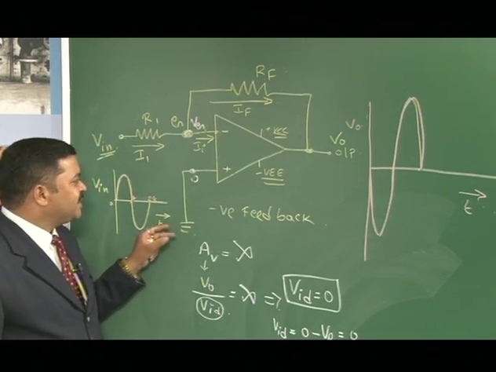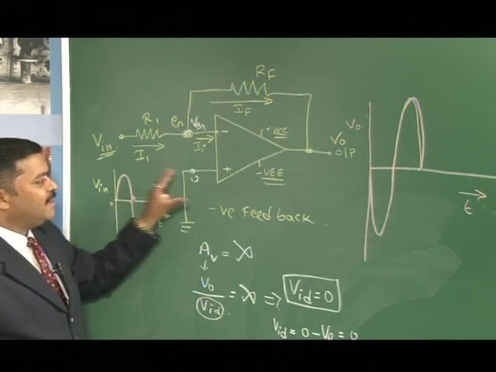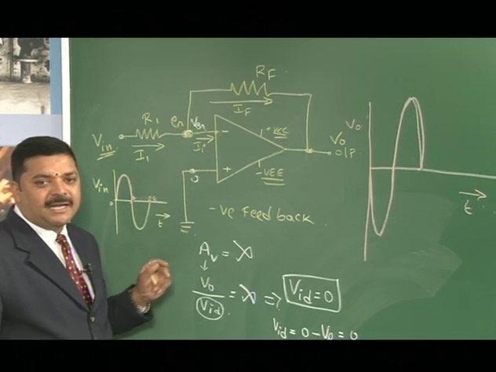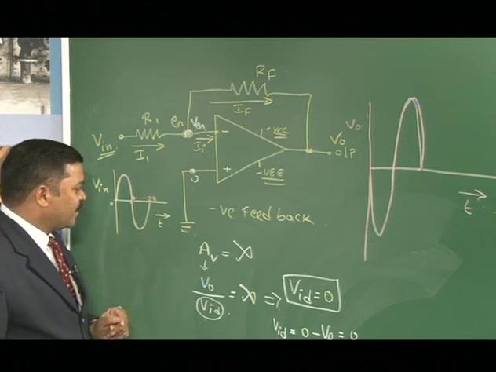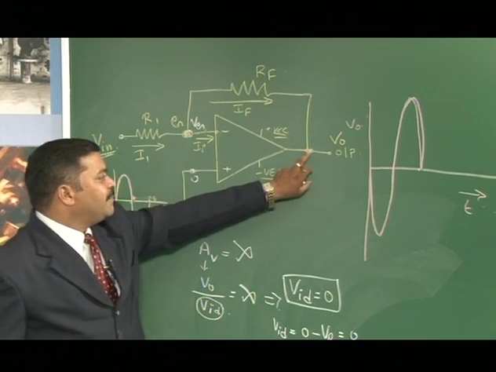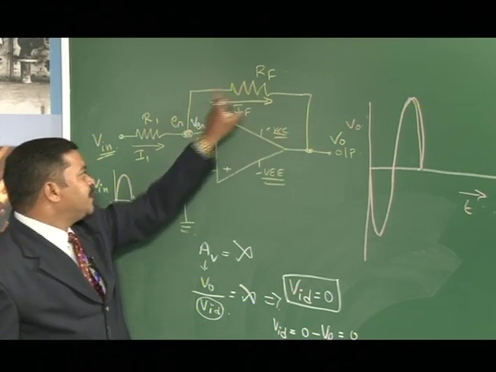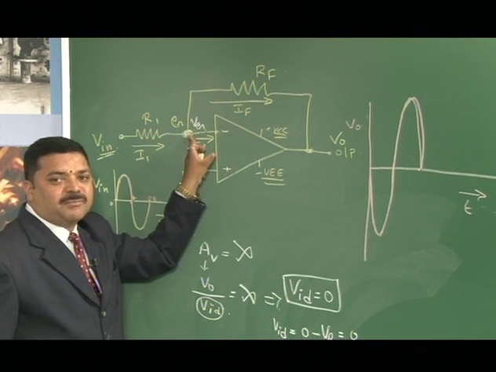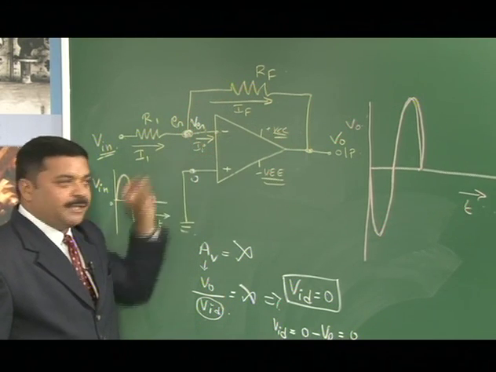This information whatever you see here, you can give as one point in 2 or 3 lines. Here the negative feedback is used. A portion of the output is fed back to the negative input terminal, therefore, it is negative feedback.